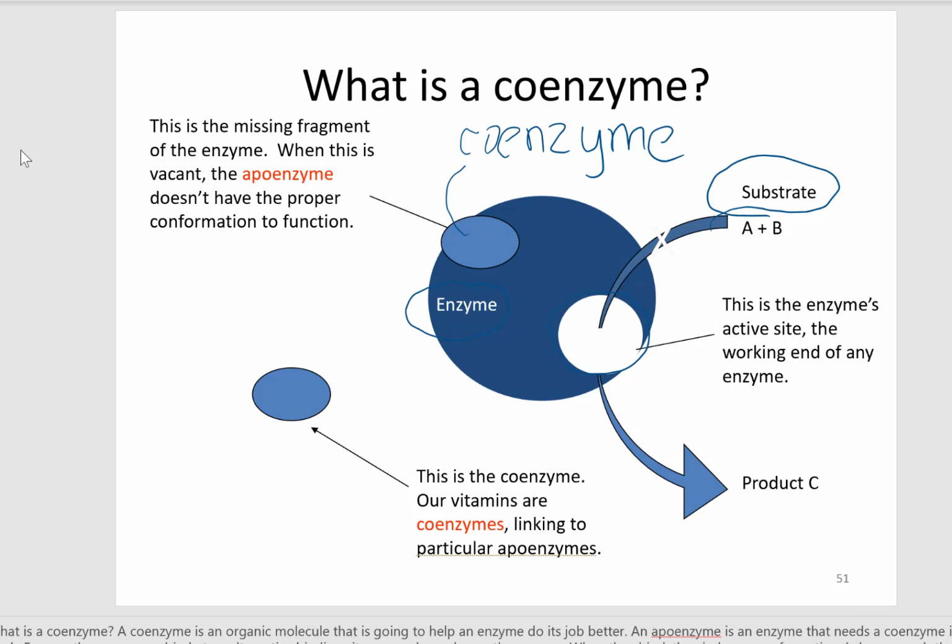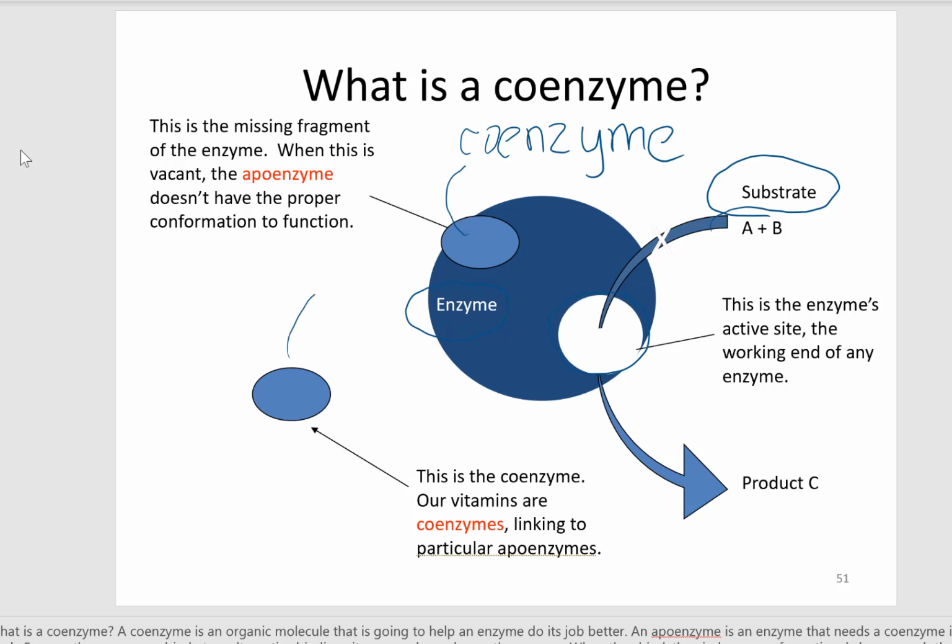In some enzymes, if they don't have their coenzyme bound, if it is vacant, then we say the enzyme is an apoenzyme, and it doesn't have the proper conformation to function, meaning its binding site might not be available to the substrate.